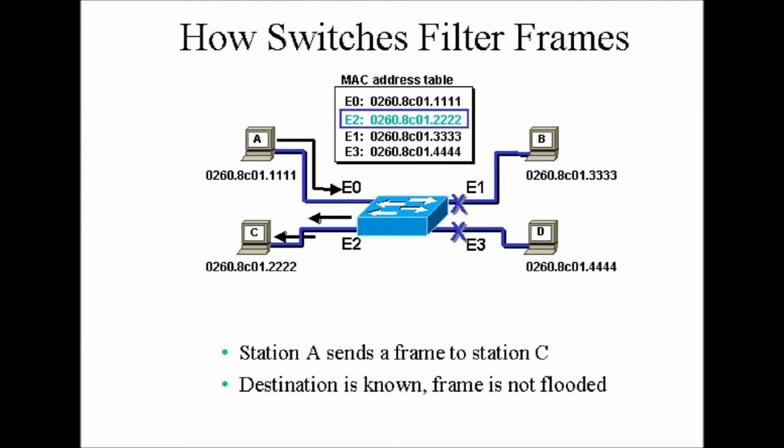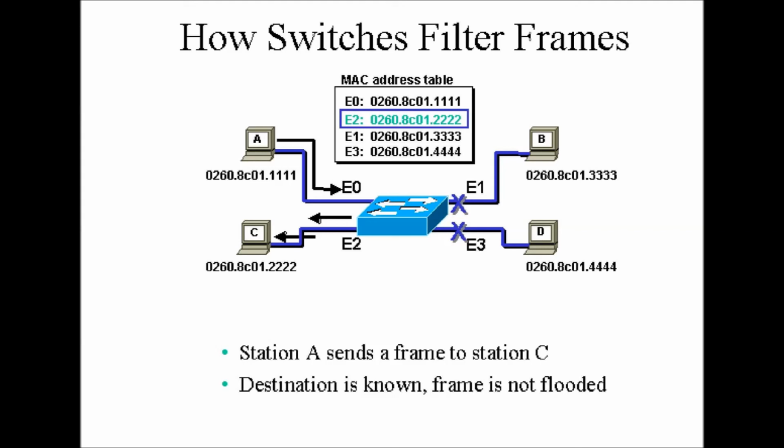You can also see the MAC address table. The MAC address table contains the entries of all these four personal computers, their LAN card or NIC card addresses. All these computers are connected to a switch, and the switch contains the MAC addresses of all four connected computers.